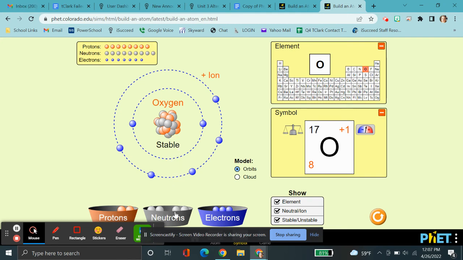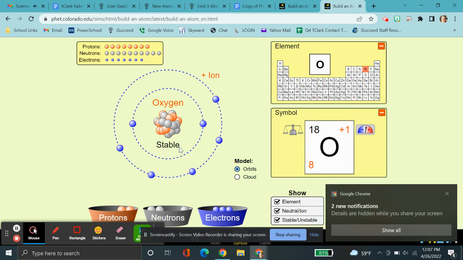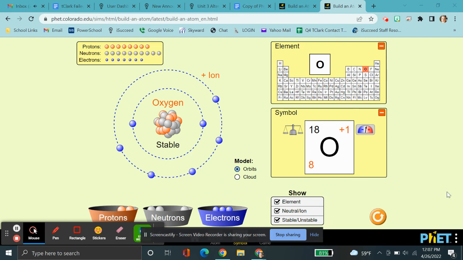So you can add 17 and 18, which are stable. You'll list all the things that are the same, ignoring the electrons. So focusing on what's the same, the number of protons. The electrons, I mean, they could have been the same.